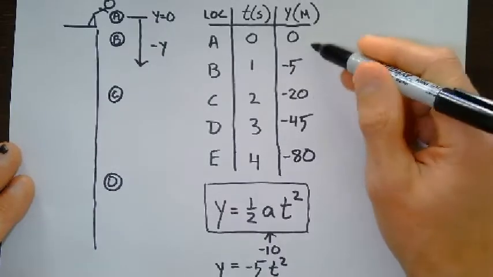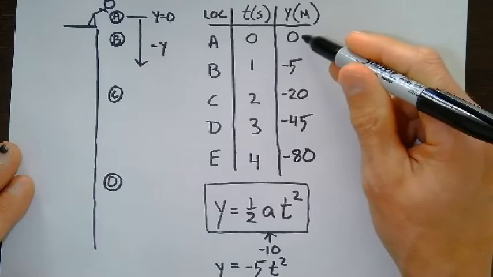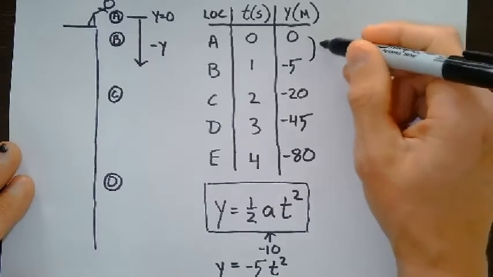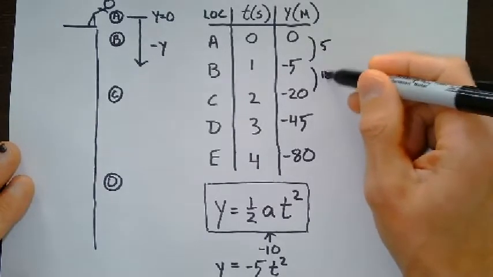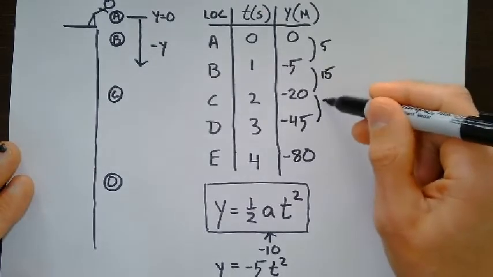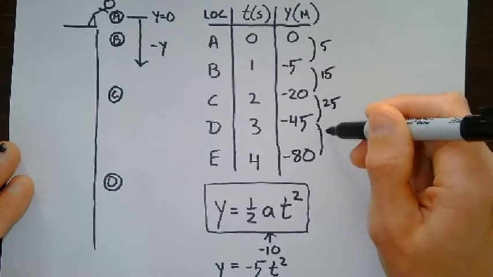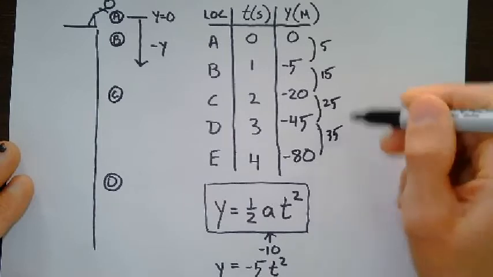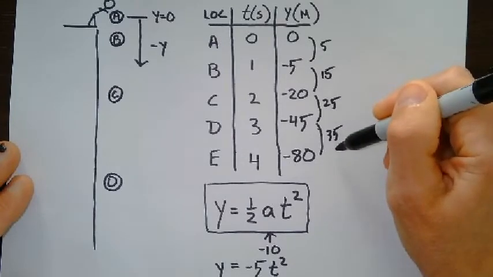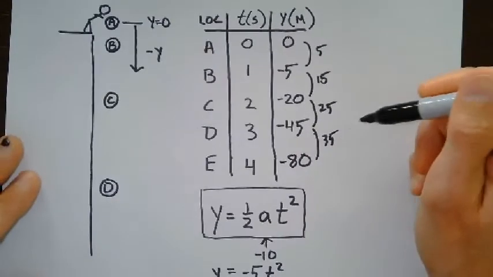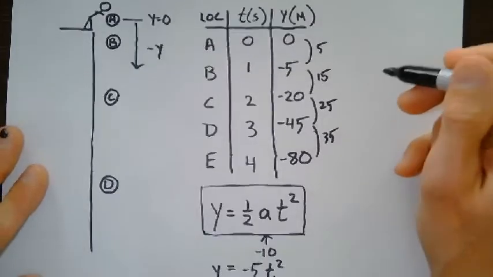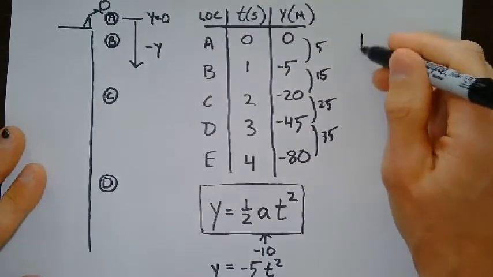And it's stretching. It only falls 5 meters here, but then it falls 15 additional, and then 25 additional, and then 35 additional. Okay? And that pattern is actually the pattern that corresponds to a mathematical shape that you know about.